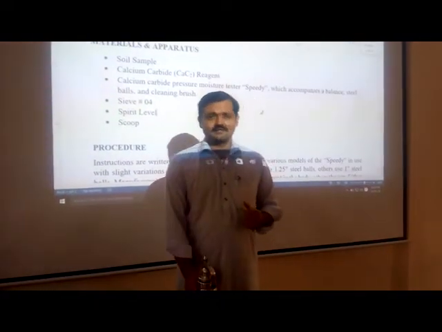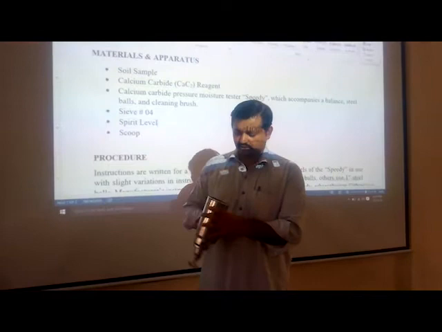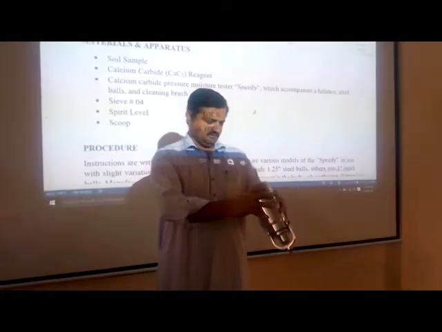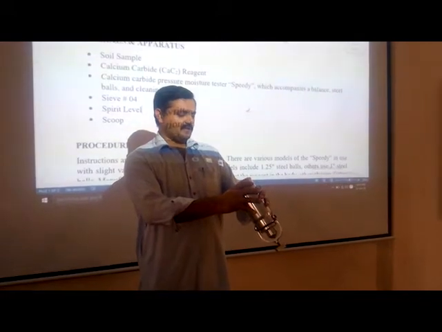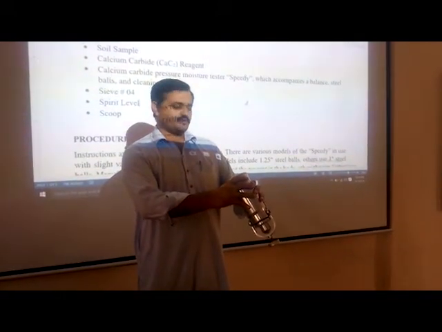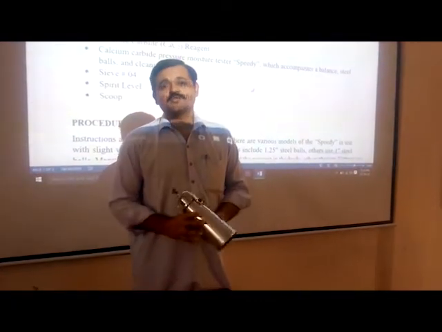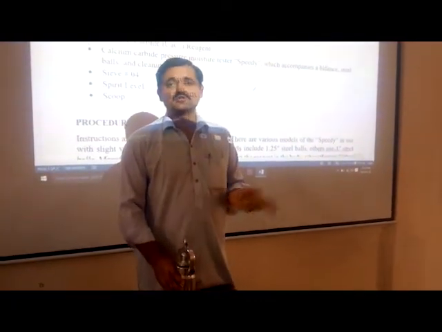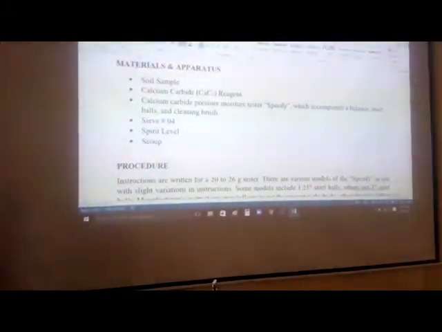After 3 minutes, we will measure the reading of the pressure gauge. It will be like in this position, and we will take the readings from the speedy moisture tester. This will be known as a wet reading, and this wet reading will be converted into dry reading with the help of this formula, I will explain on the multimedia.